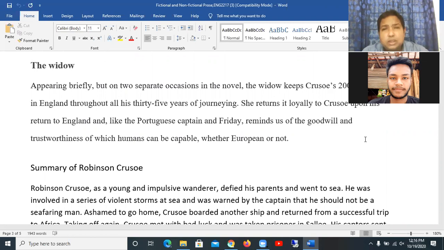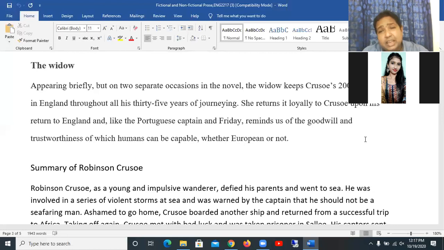We don't know the relationship between the widow and Crusoe, but there is a certain close relationship between them, though that relation is not specified in the novel. She returns it loyally to Crusoe upon his return to England, and like the Portuguese captain and Friday, reminds us of the goodwill and trustworthiness of which humans can be capable, whether European or not.